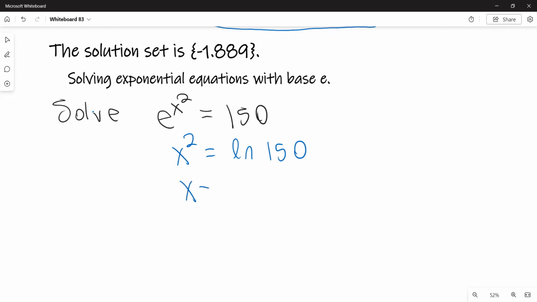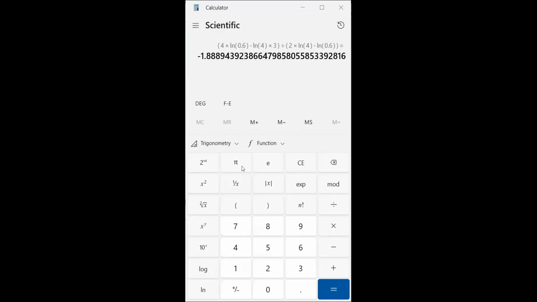And x is going to be plus minus the square root of the natural logarithm of 150. This is approximately plus minus the square root of the natural logarithm of 150, so that's about plus minus 2.238.